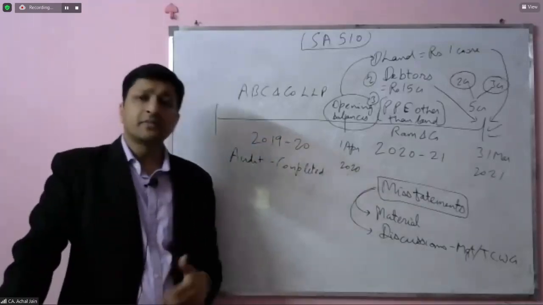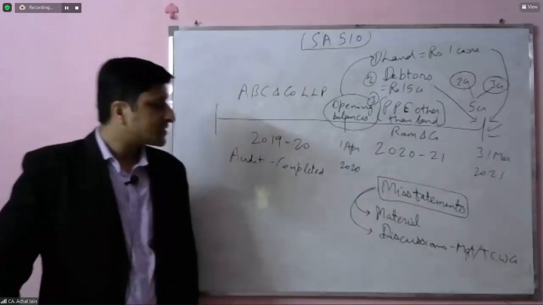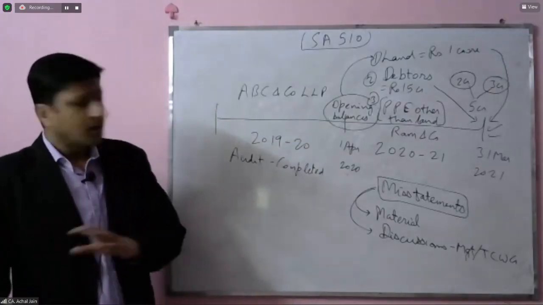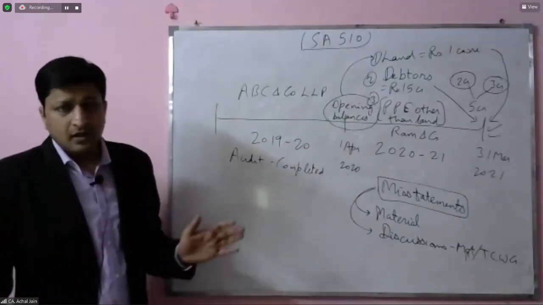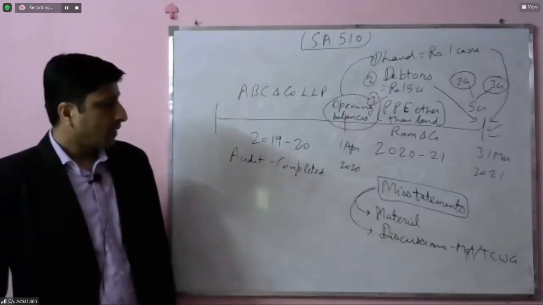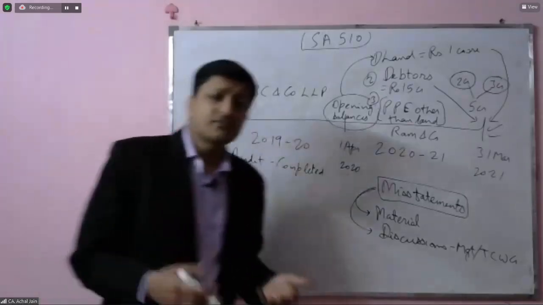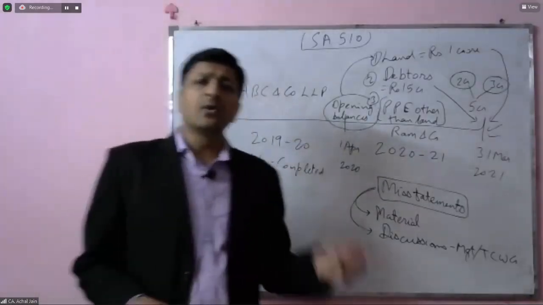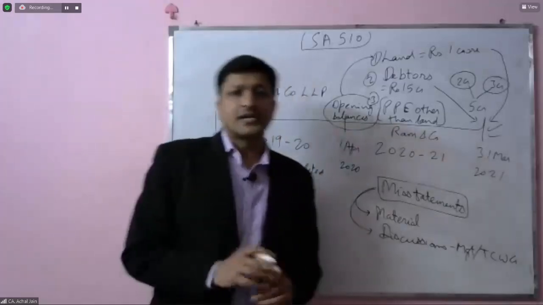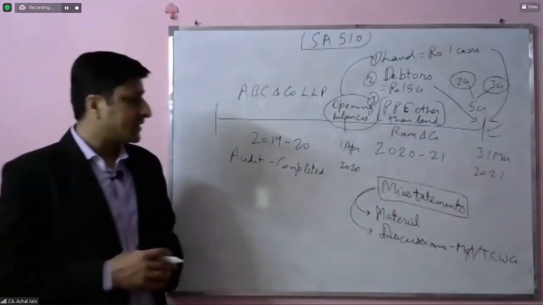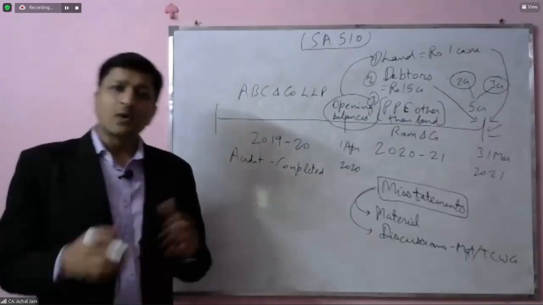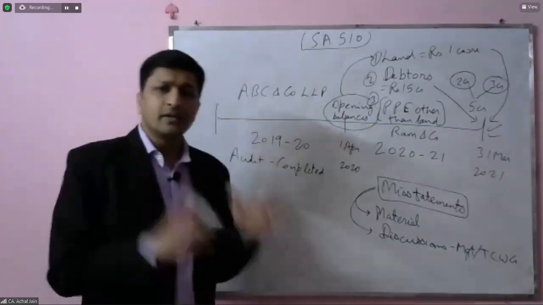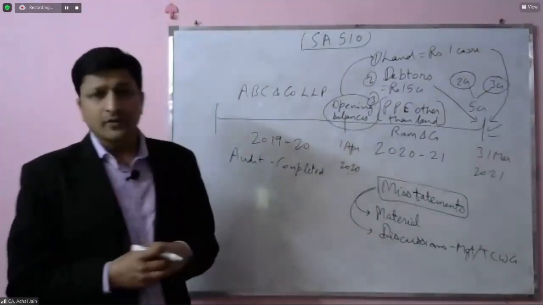If they don't require restatement, then no such restatement would happen. So the changes made in the financial statements will all be based on the accounting standard. We are not getting into the accounting standard. We're just saying that accounting of these misstatements would be as per the financial reporting framework.